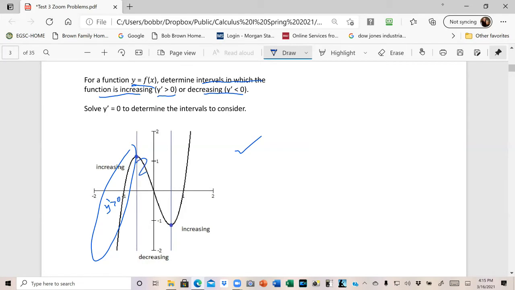Here in the middle, the slope of the tangent line anywhere would be less than 0, and so it's decreasing. And then to the right here, the derivative is more than 0, so it is increasing.